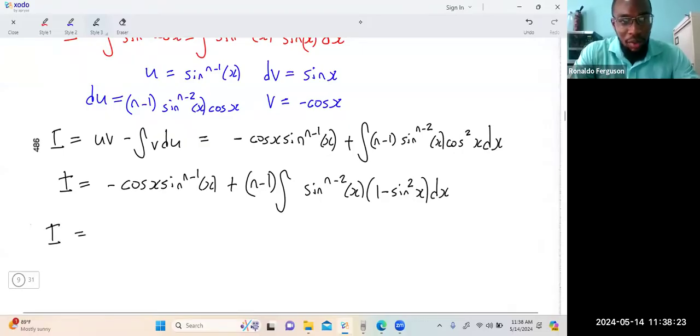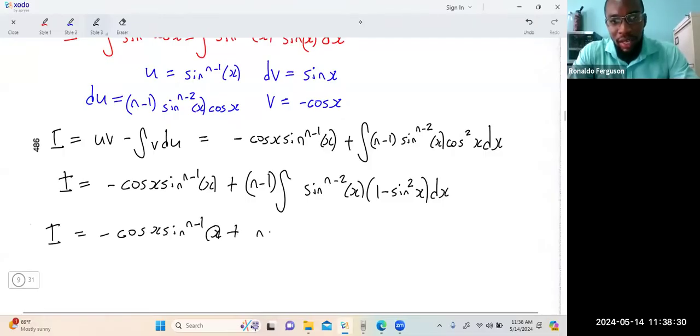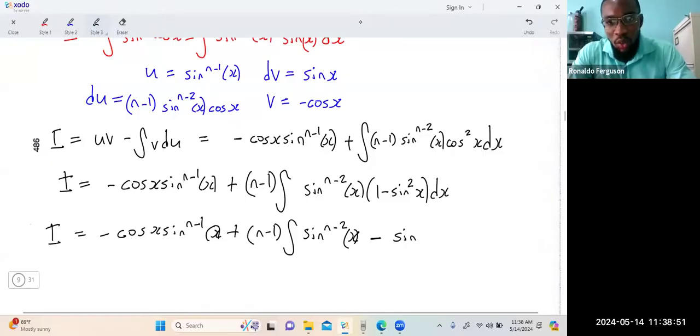So far I equals minus cos x sine to the n minus 1x plus n minus 1 times the integral of sine to the n minus 2x times 1 is sine to the n minus 2x, and then sine to the n minus 2x times sine squared. The bases are the same, you add the powers, so n minus 2 plus 2 is just n, dx. That's what we have.